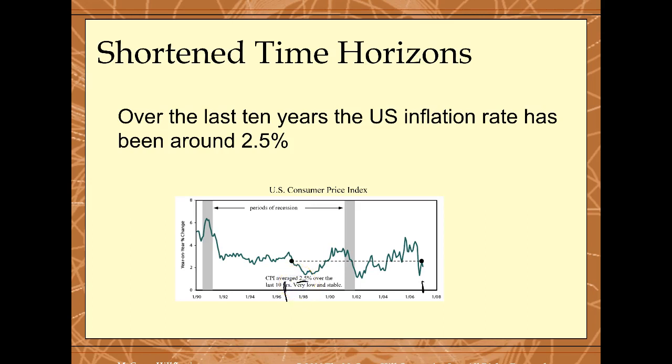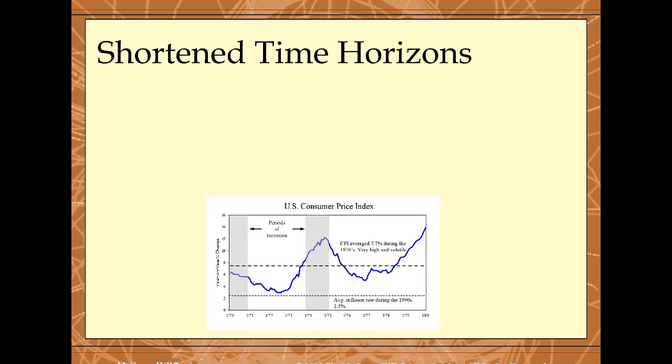You could see the high point was about 4%, and the low point was about 1%. That's a rather narrow band for inflation to be traveling in. So in other words, the inflation rate in the late 90s and early 2000s was considered to be low and stable.